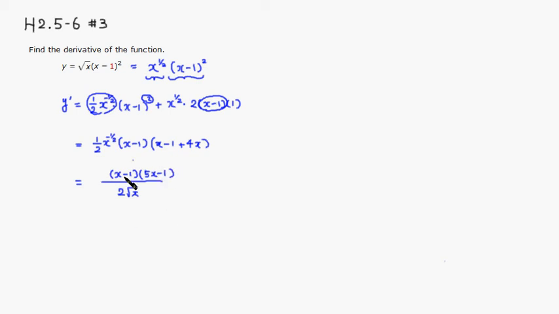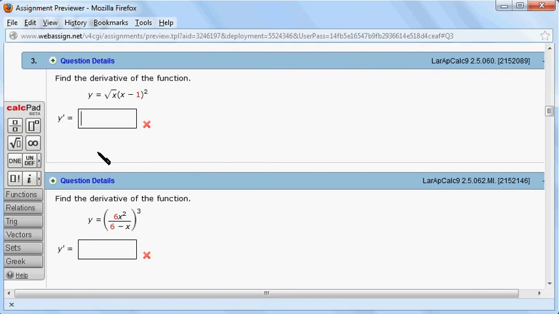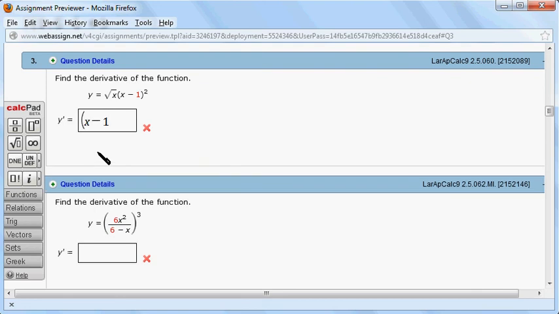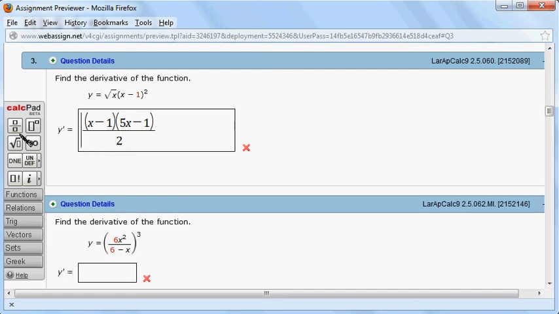So that's that. Let's see if this is correct. The answer was quantity x minus 1 times 5x minus 1, divided by 2 times square root of x.